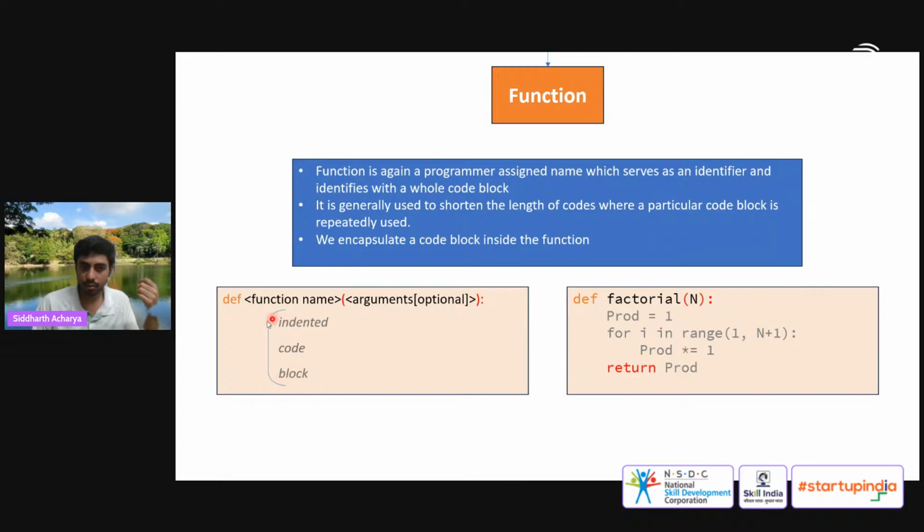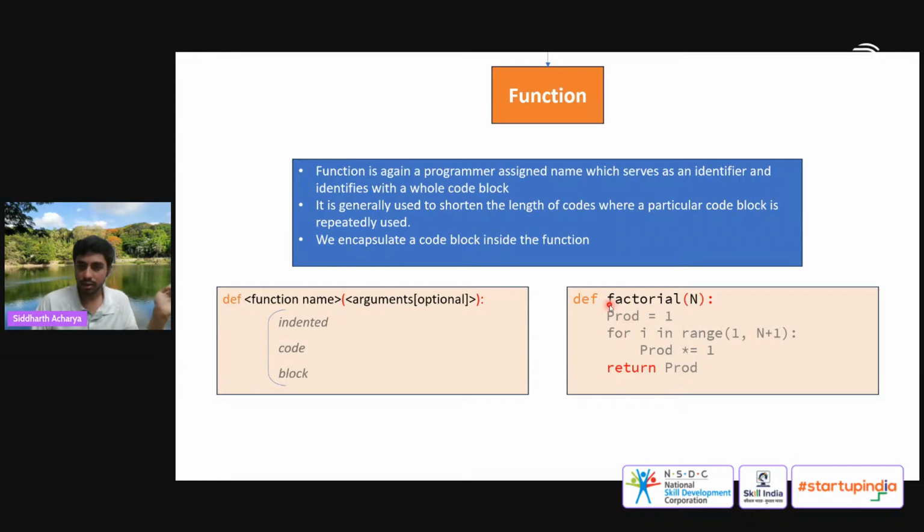So what does an indented code block mean? The code which you write, you actually indent it and put it inside the function. Otherwise, you just leave it there. Whatever code you have, you indent it, and Python thinks that this code is now part of this function. There has to be this colon, and there has to be this indentation.